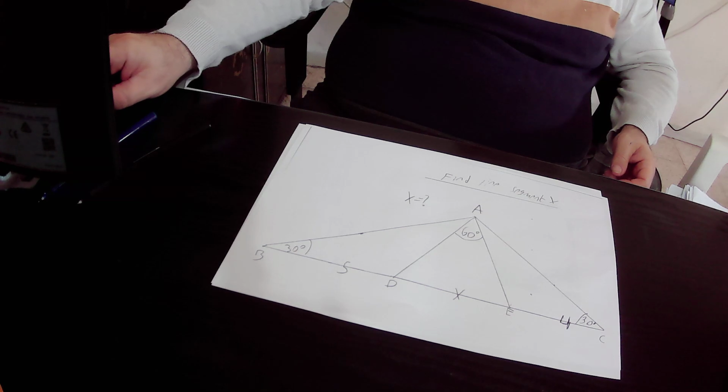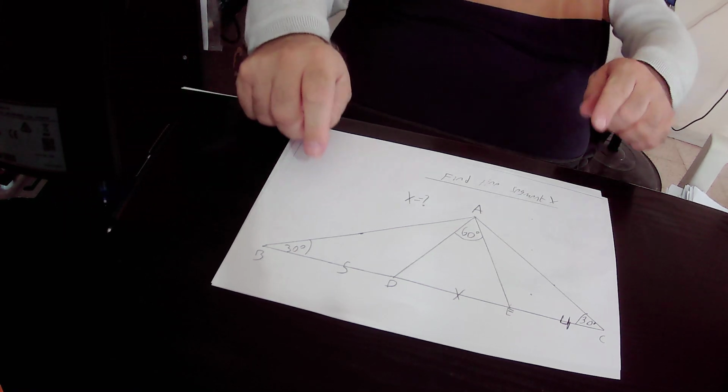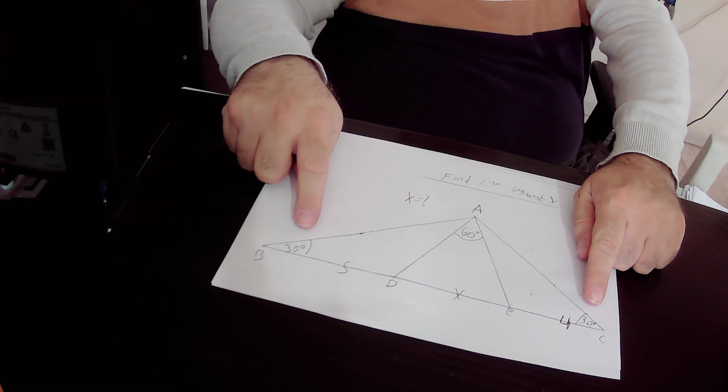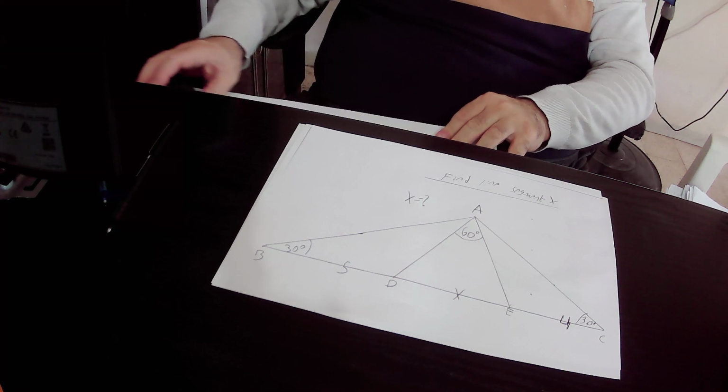Okay, so first of all, we'll focus on triangle ABC. In triangle ABC, we have those two angles that are equal to each other. They are both equal to 30 degrees. So I'll write it down.